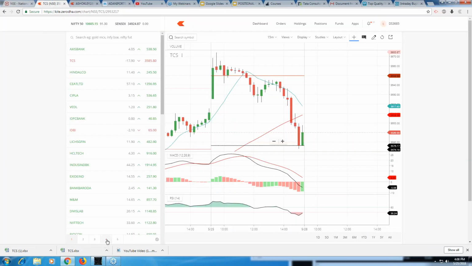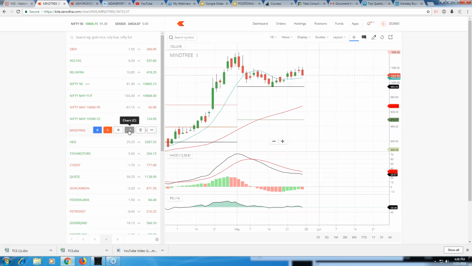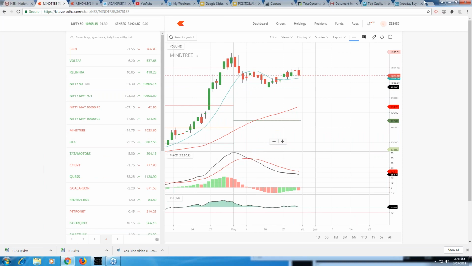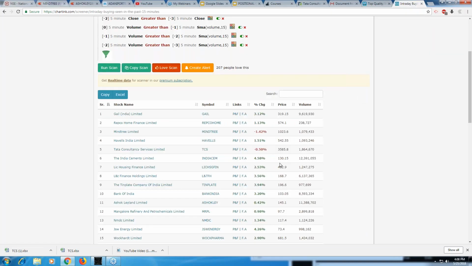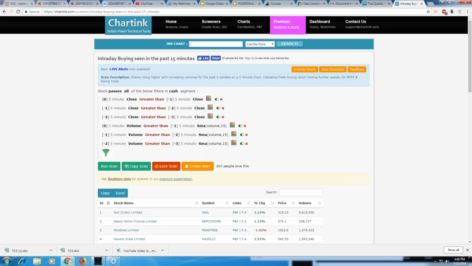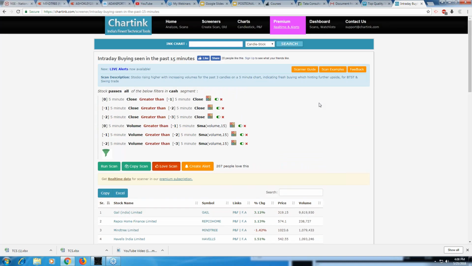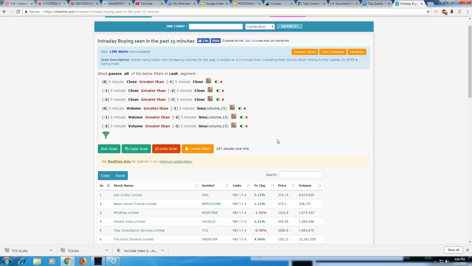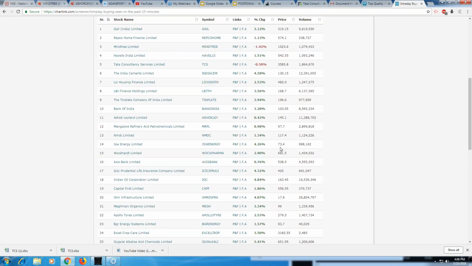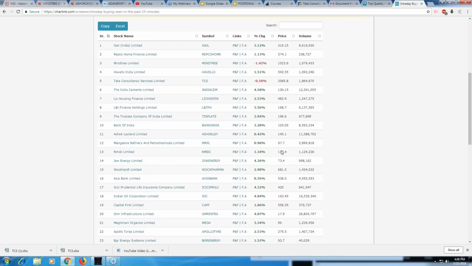Let's see what's happening in Mindtree. I hope it is today's data itself. You know what time the data has been updated. Can you see the time somewhere? I can't see the time somewhere. I'm sure this must be the live data, right?